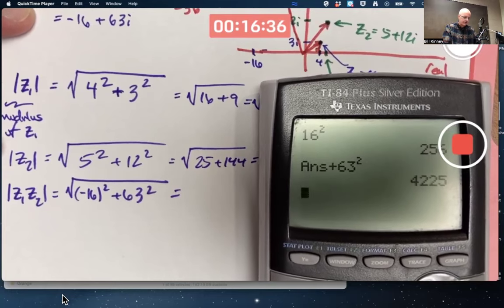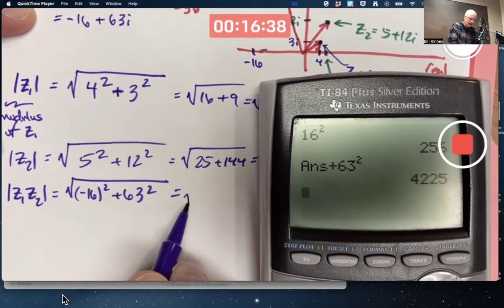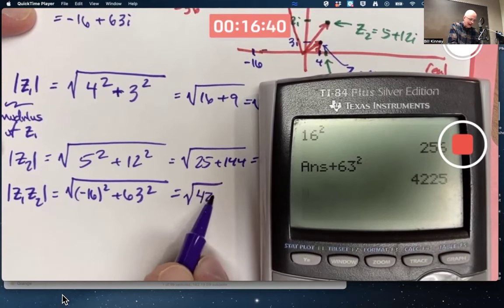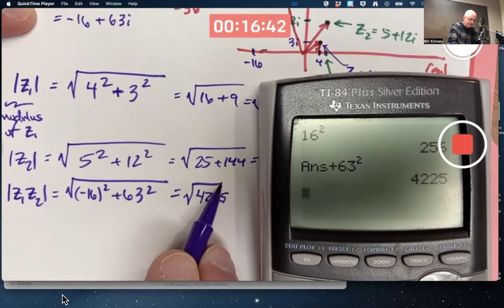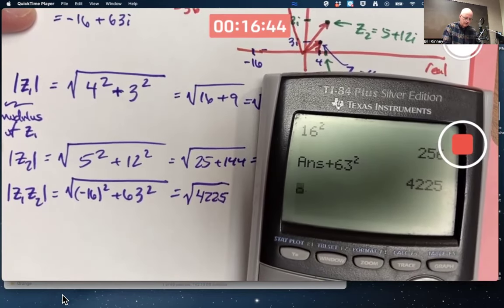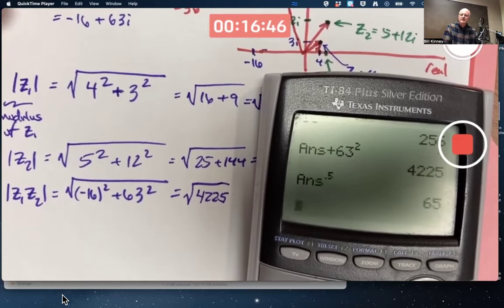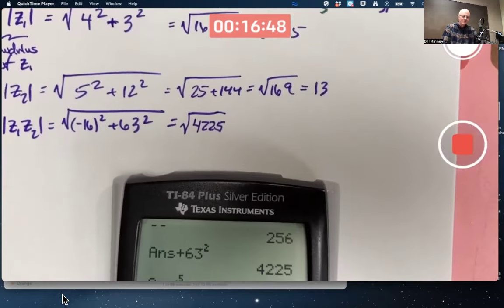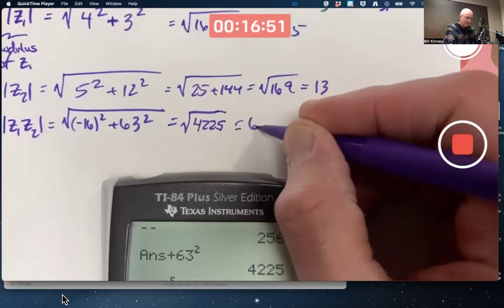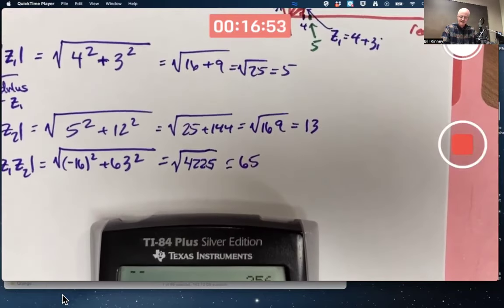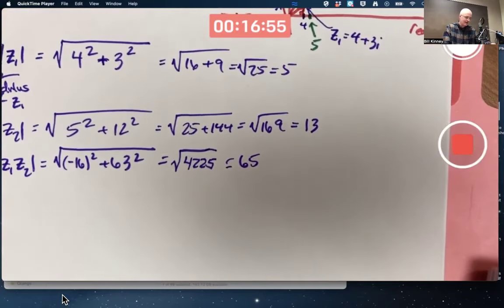Ultimately, I'm taking the square root of 4,225. Is that a nice perfect square? What is its square root? Yes, a nice number, 65. This is 65, and lo and behold, 65 is 5 times 13.